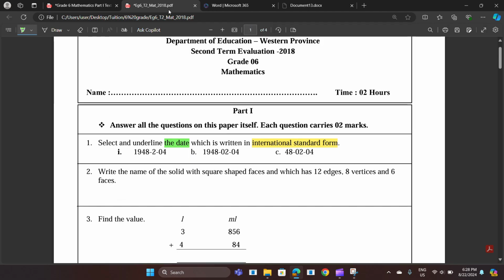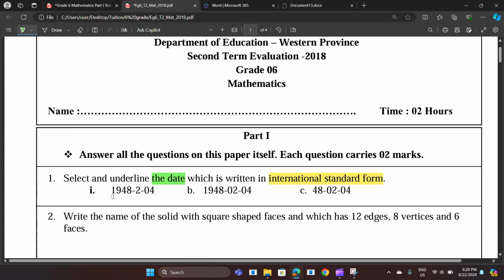Let's take the answer. So in here, what is the answer? It is easy, no? It is very easy. Is this first answer correct? No, because there is no 2 digits in the month representation.